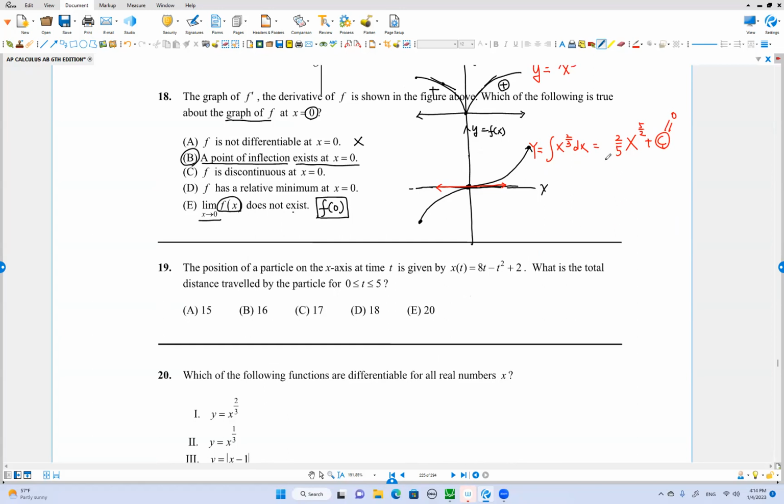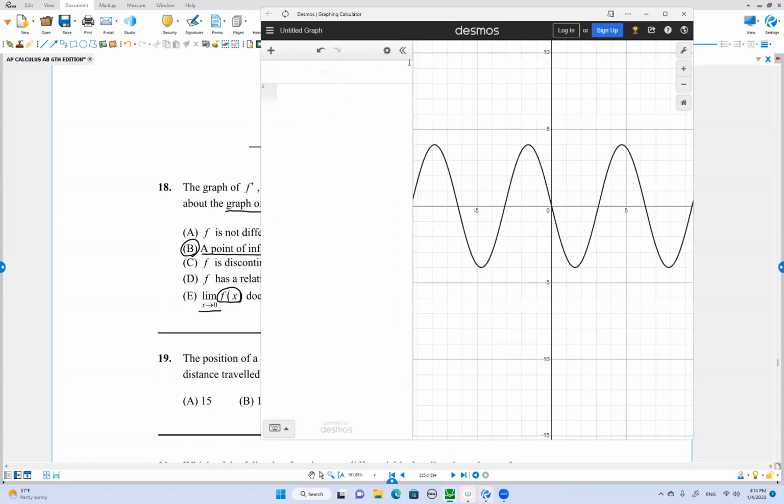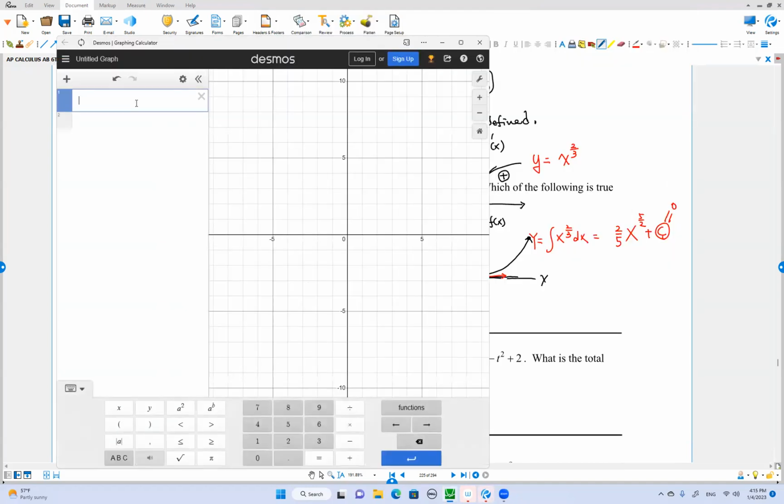I'm going to make a graph of this one, okay? This graph's derivative is this one. Take a look over here, okay? Y equals 2/5, x to the what? 5/2.